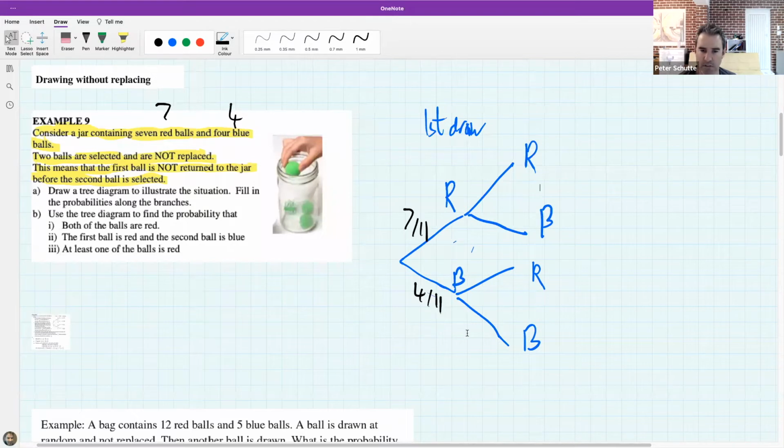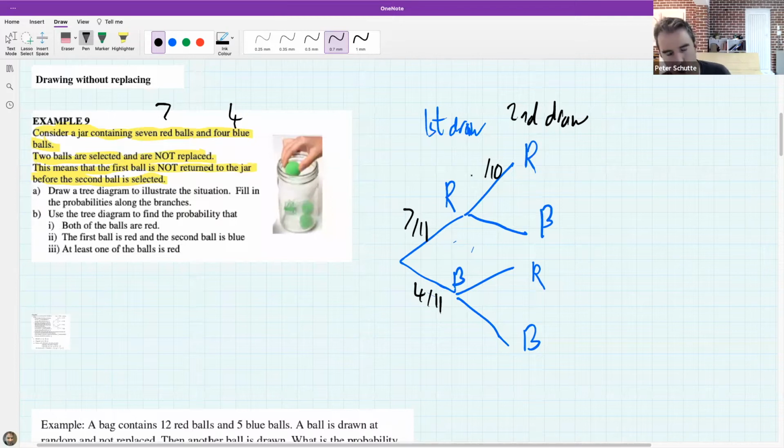How many balls are there going to be in the jar when, say, you drew a red on the first go? How many things are there going to be in the container for your second draw? They're going to be 10, exactly. So your fraction is no longer going to be out of 11, it's going to be out of 10.